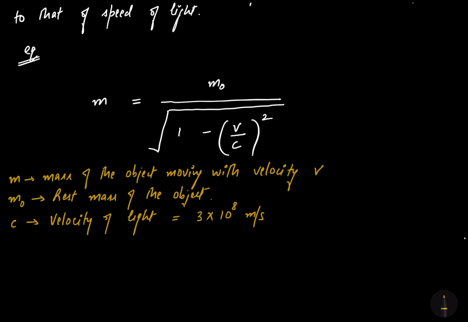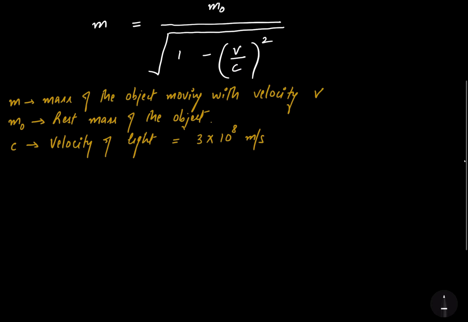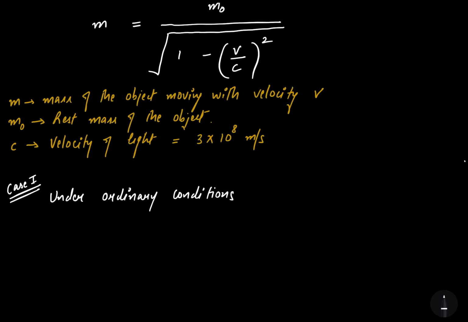So now let's discuss the various cases for this equation. First of all, case number 1. I am writing the case number 1. Under normal conditions or under ordinary conditions, we all know that we do not have anything in reality.